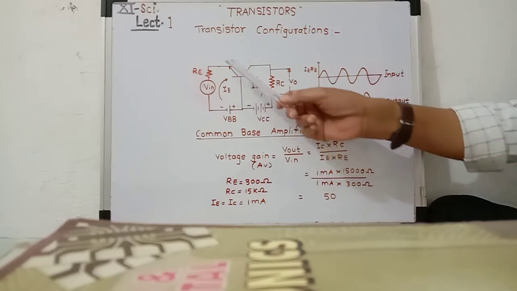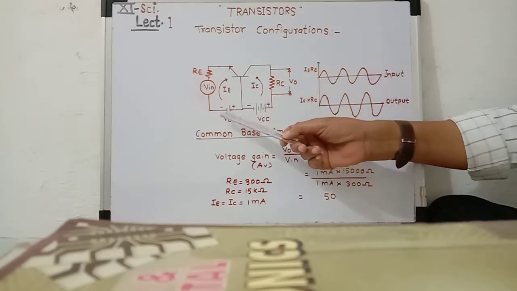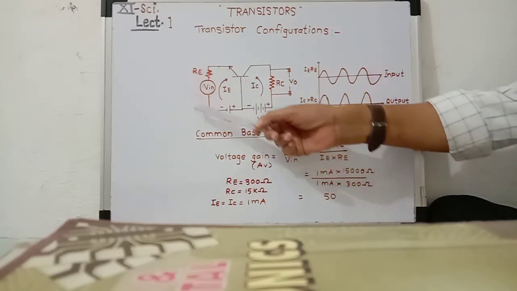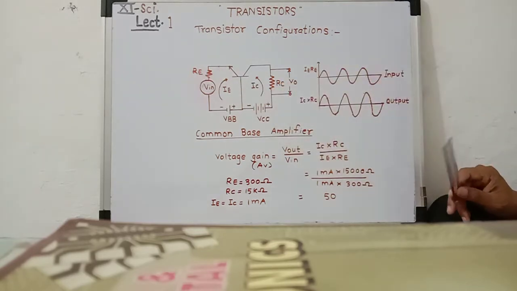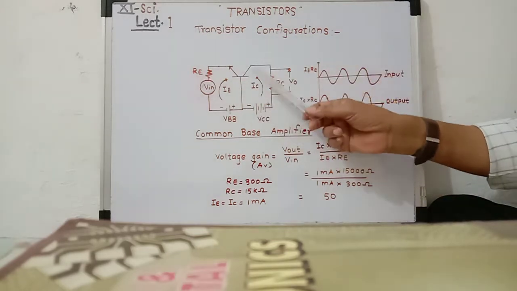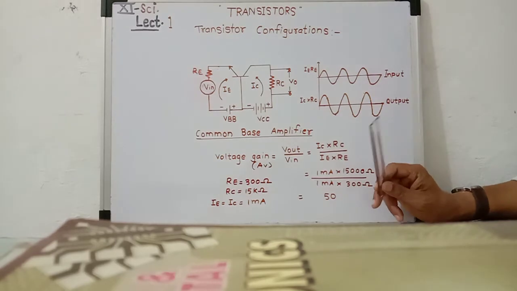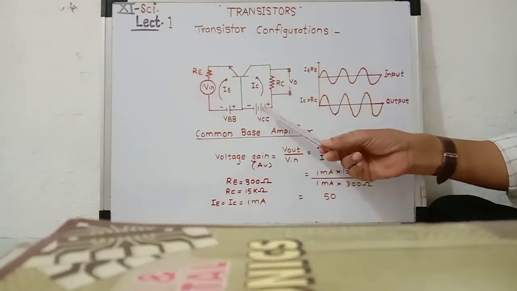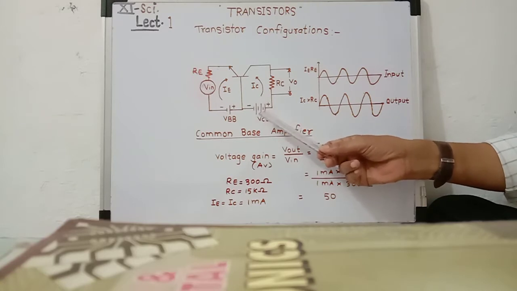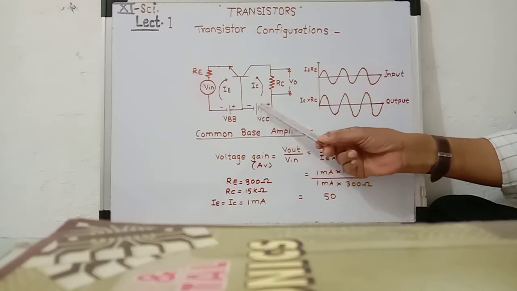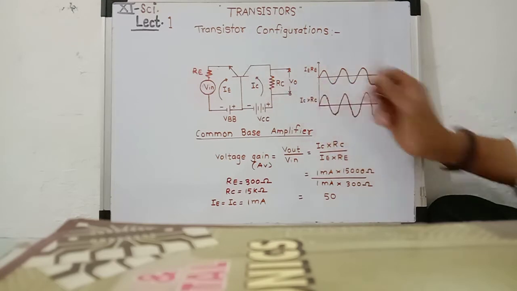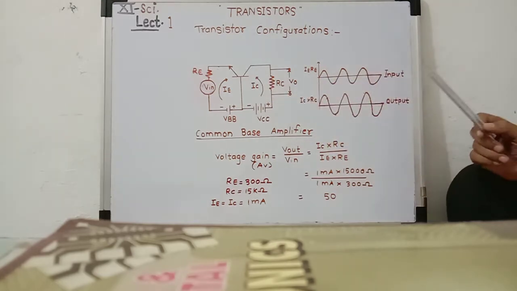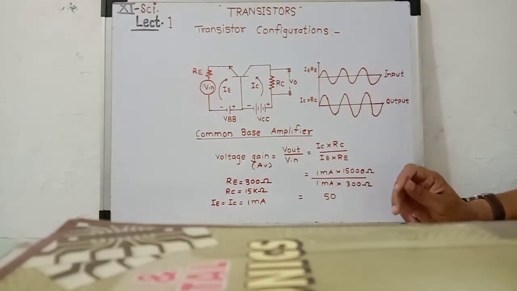Because this is an NPN transistor, the negative pole of the battery is connected to the emitter. The base collector junction of the transistor is reverse biased, so the positive pole of the second battery VCC is connected to the collector.